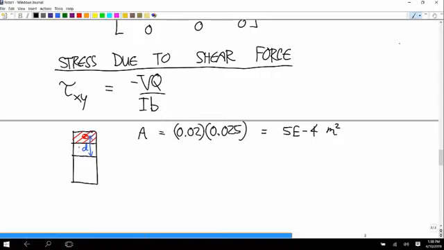And that distance, remember, you're going to the centroid of that area, not just to the line that you are interested in. So the distance is you can think of it as 0.025 plus halfway to the top, 0.0125. So 0.0375 meters.